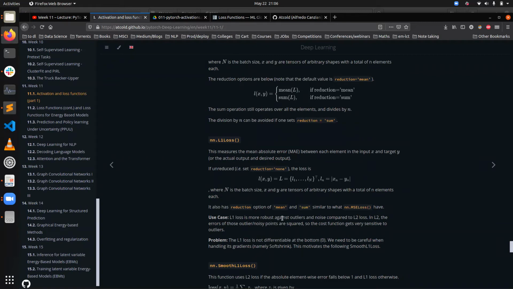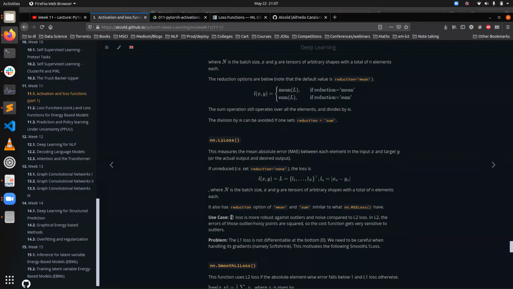You use L1 loss when you want small errors to count a lot, and when your model is slightly noisy or has some outliers, those don't matter as much. In L2 loss, since you're taking the square of the errors, small errors become even smaller when they're less than 1.